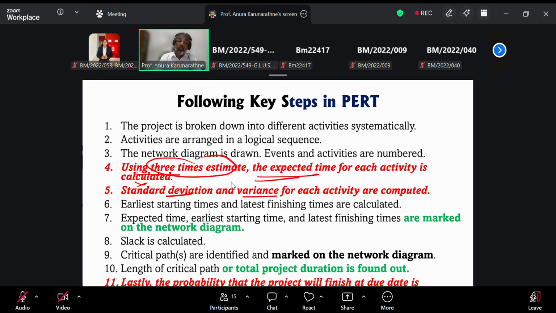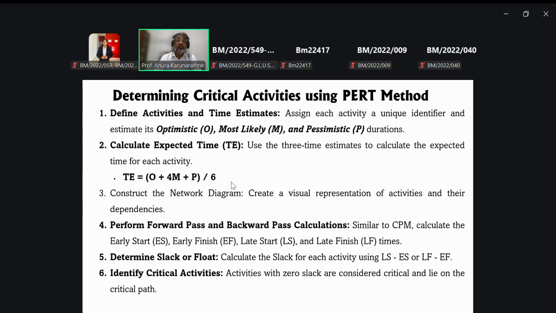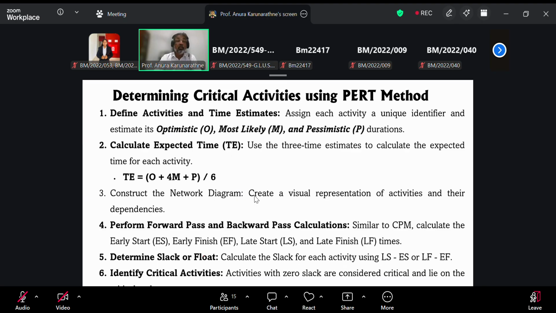Then the forward pass approach, and again we can go for the backward pass approach. You know that procedure to obtain the critical path. A similar pattern you can use for the critical activities. And here these are the steps: you can define activities and time estimates.